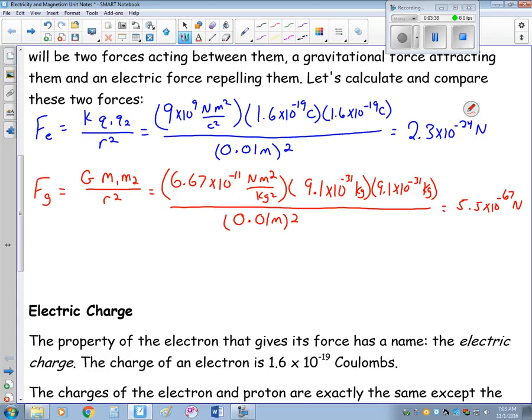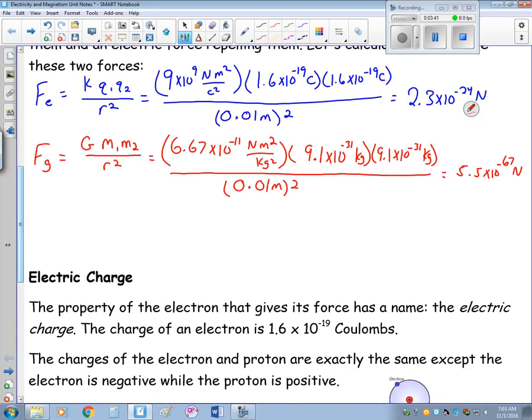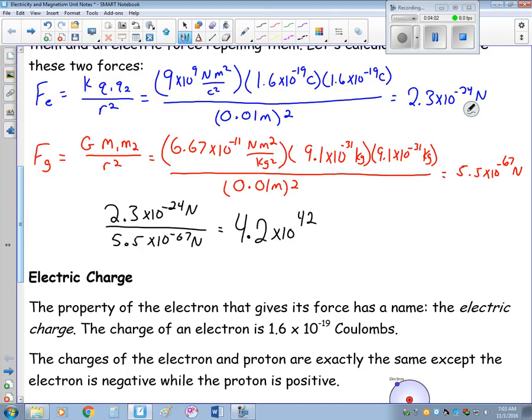So then, comparing these 2 numbers, obviously one's bigger than the other. And we see that the electric force is 4.2 times 10 to the 42 times greater than the gravitational force.